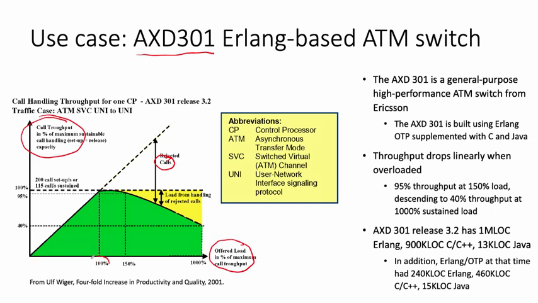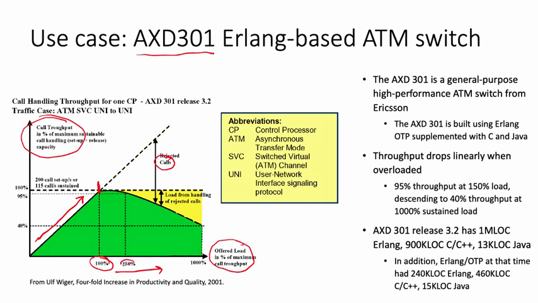So you can see there's 100% throughput here. Up to 100% throughput, the ATM switch is able to satisfy all the calls. It's linear. But if you try to make more calls and the system is completely loaded, then it becomes overloaded. And you can see how the AXD301 handles overload situations.